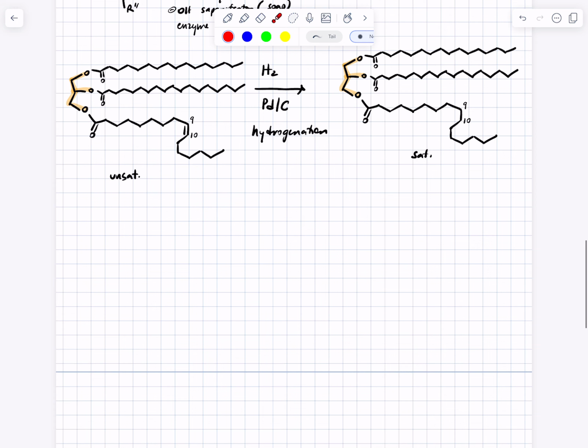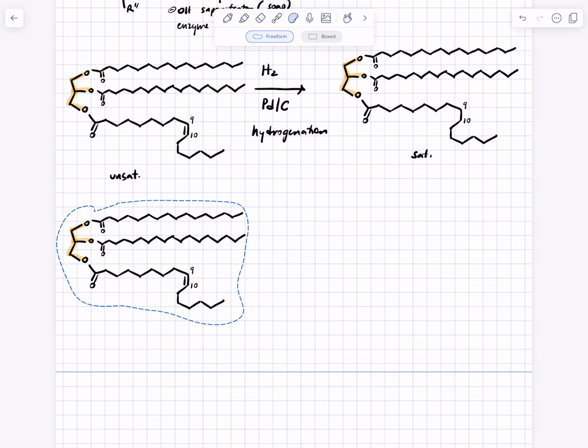Okay, a final set of reactions that can occur to a triacylglycerol is oxidation. And this is associated with rancidity in fats and oils.